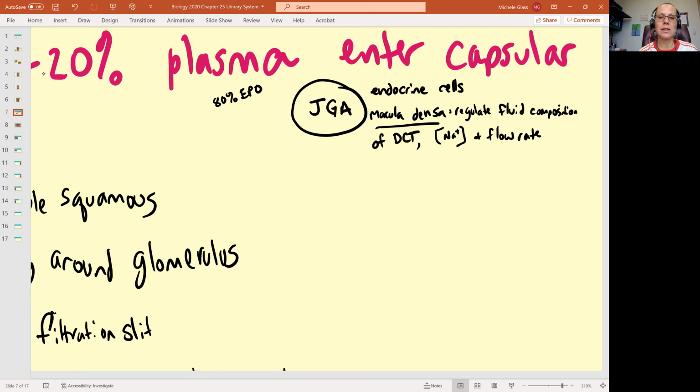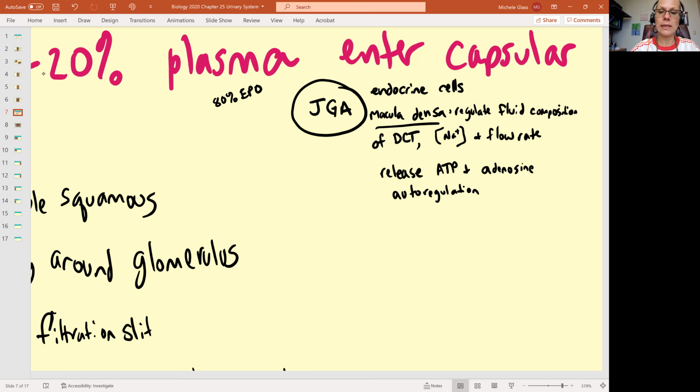So the macula densa is helping to regulate fluid composition of the distal convoluted tubule by helping to monitor sodium ion concentration levels as well as the rate of flow. We'll see that these cells can release both ATP and adenosine, which will act locally. And we'll see this as part of auto-regulation. So we'll come back and talk about this a little bit more in the future.